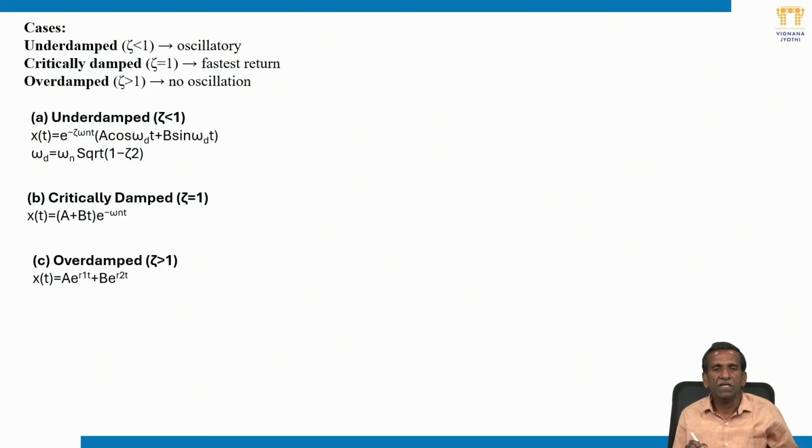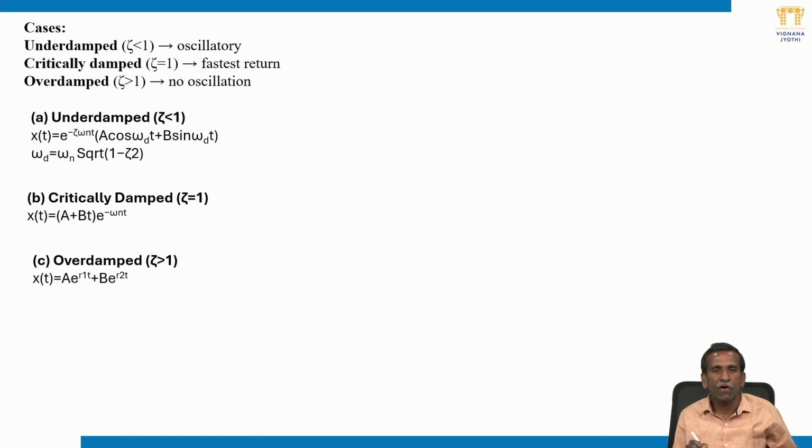Critical damped means zeta equal to 1, the damping coefficient equals the critical damping value 2 square root km. So it will return fastest; it will oscillate but immediately die down.